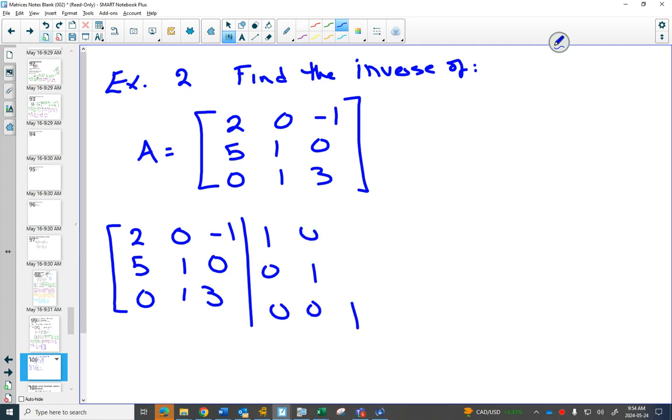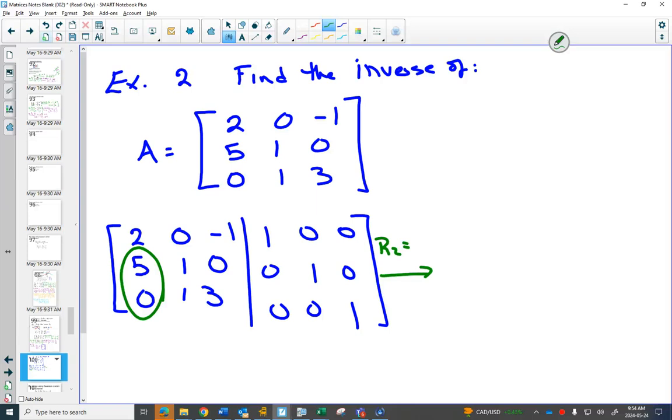We have the identity matrix starting on the right-hand side. Goal number 1 is both of these to be 0. How nice it is that one of them is already a 0. So I just need to change row 2. How can I make this a 0?